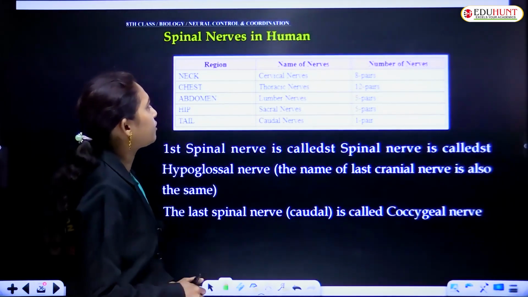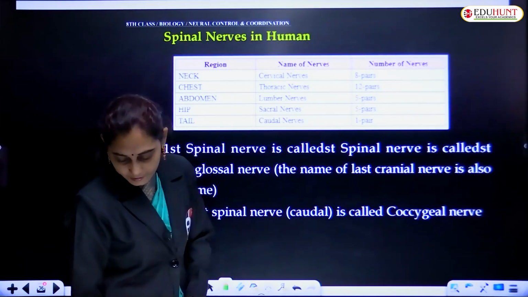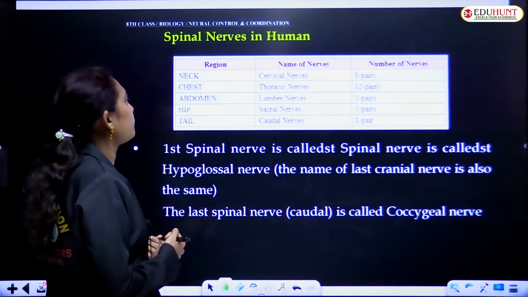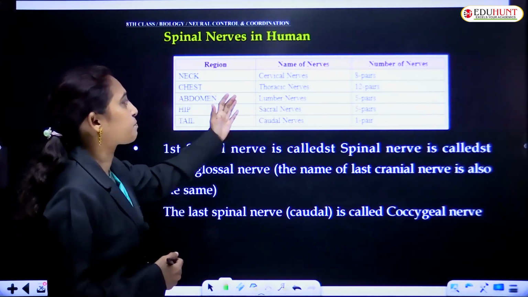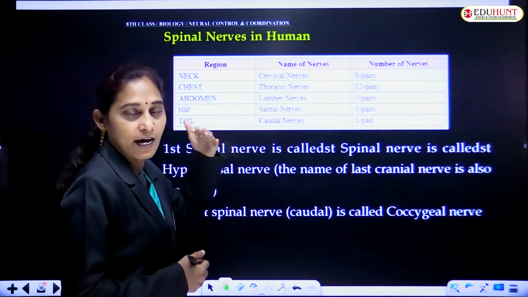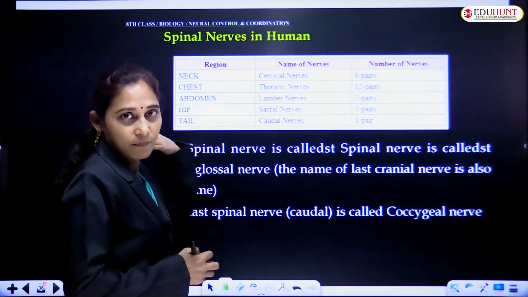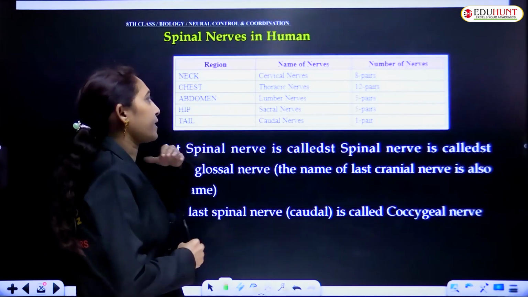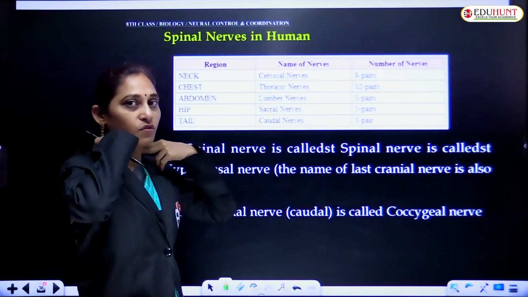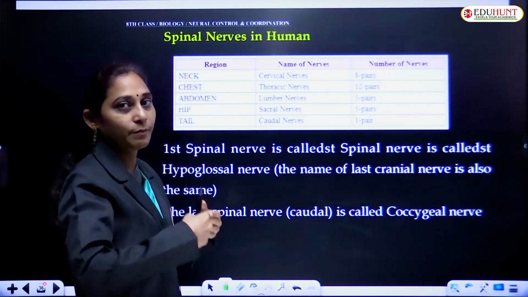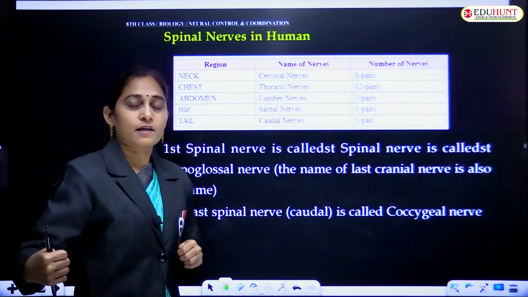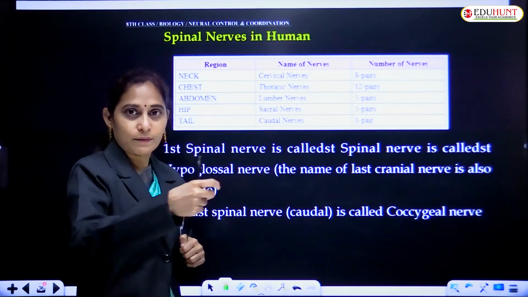This is a table showing various spinal nerves present in the human. These are the various spinal nerves present at different regions of the trunk of the human being. The first region is the neck region. The brain continues into the spinal cord in the vertebral column.